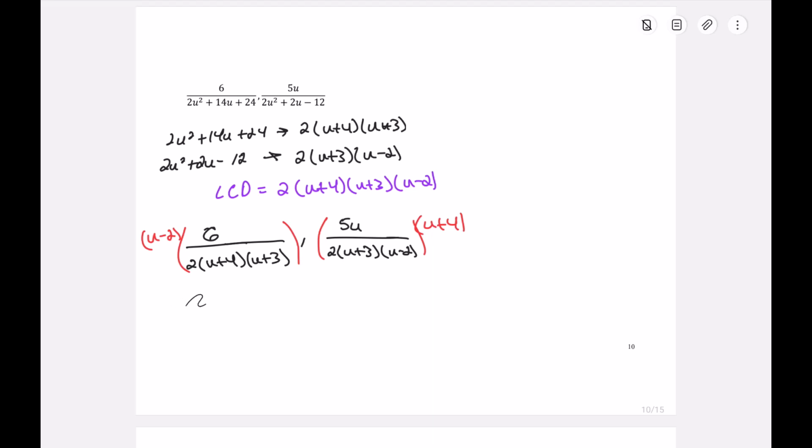Multiplying those in, we get a 6u minus 12 all over 2u plus 4, u minus 2, and u plus 3. And on the right, we can multiply a u plus 4 in, and then we get a 5u squared plus 20u all over our LCD.